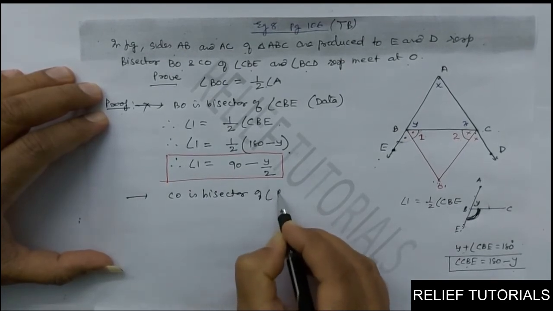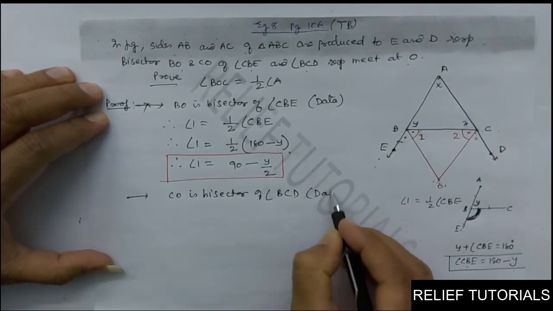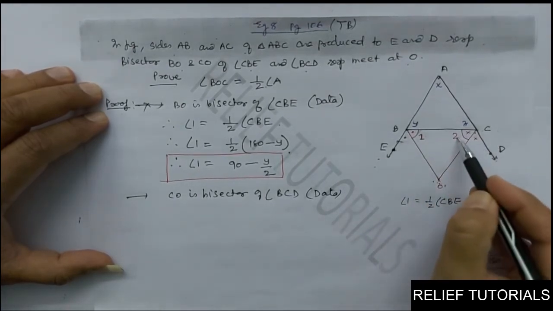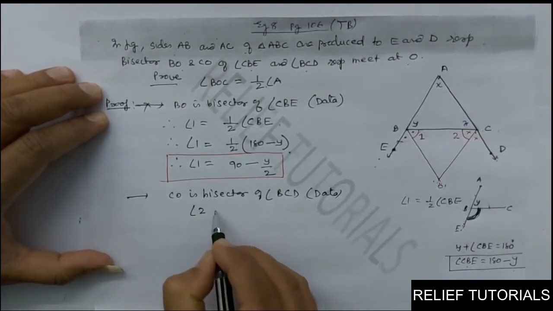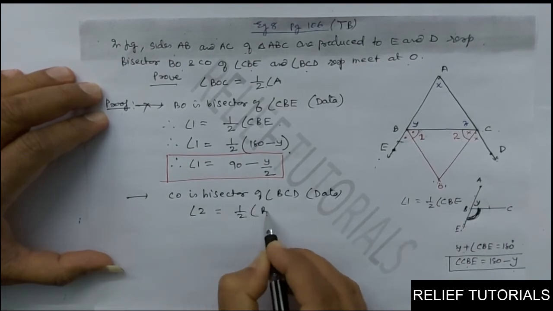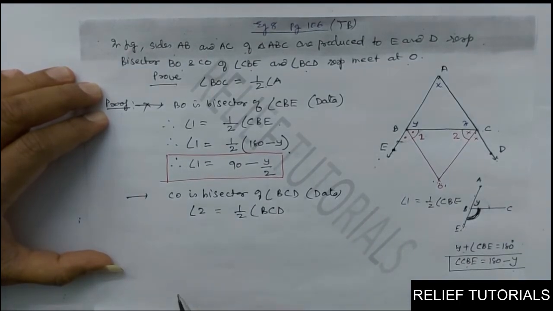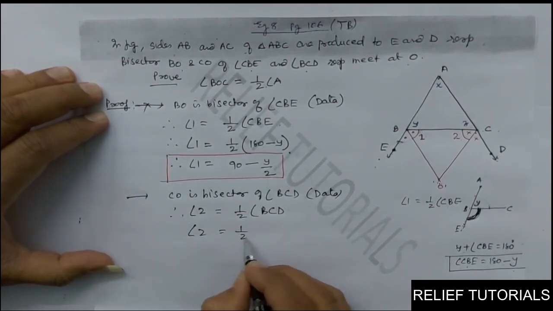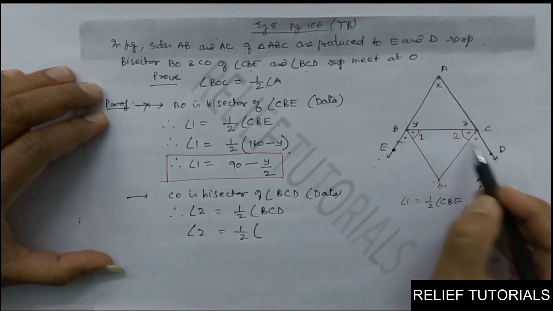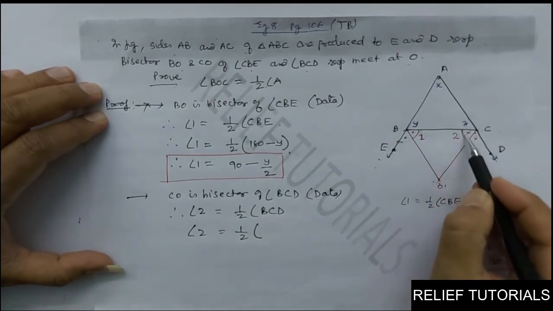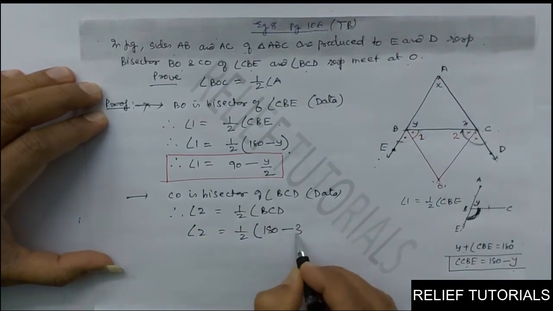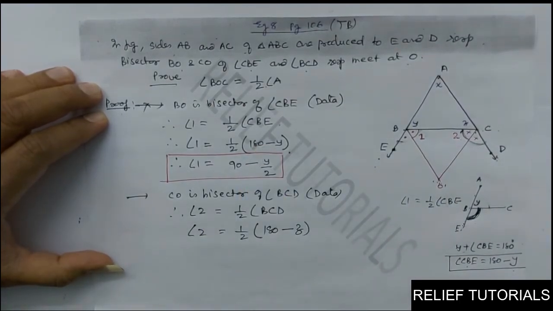Now one more. Similarly, as BO is bisector of CBE, I can say CO is bisector of angle BCD. Where did you get the data? The CO is bisector of angle BCD. So therefore angle 2 is equal to half of angle BCD. Clear? See the BCD is this. So BCD is equal to 180 minus Z. Similarly as we have done here.